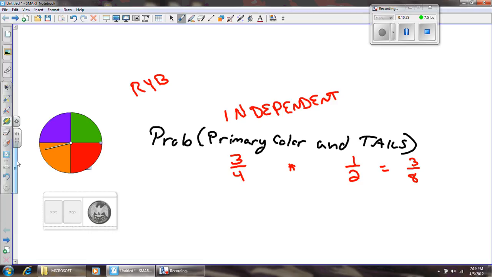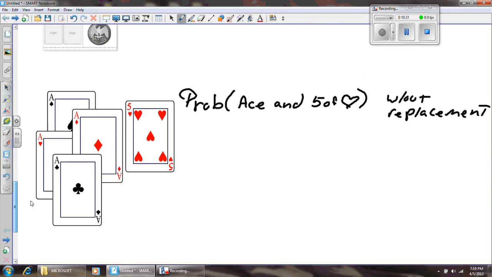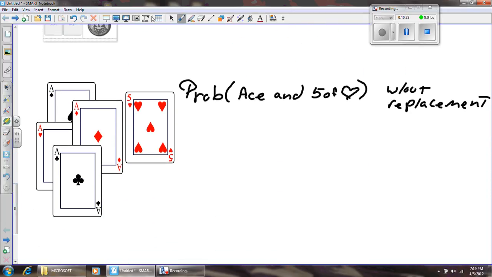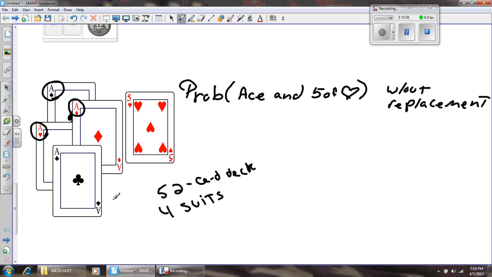All right, let's come down here. Now, pretend we have a standard deck of 52 cards. That's divided into 4 suits. And you can see the suits up here on the cards. You've got a heart, you've got diamonds, you've got spades, and you've got clubs.